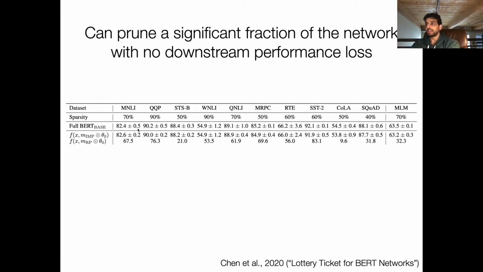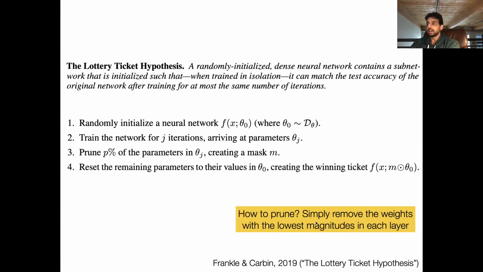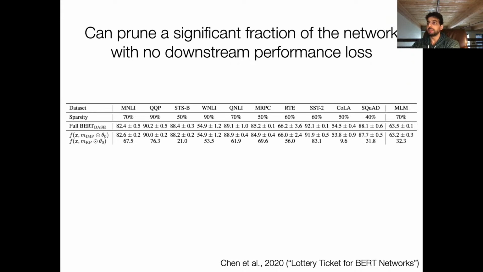And just to evaluate, they also try taking a random mask. So instead of selecting a mask that corresponded to removing the weights that had the lowest magnitudes, you could also just randomly mask out P% of the parameters. And you can see that these randomly masked networks performed really poorly on the downstream task.